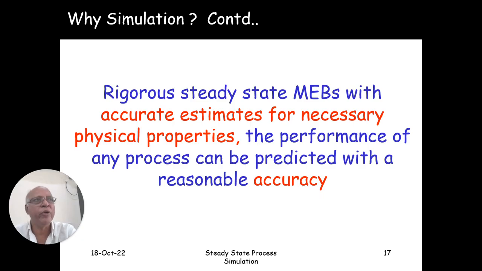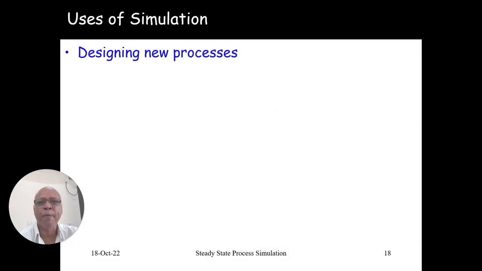So that's going to be very, very important. In fact, in a complex process, about 70 to 80% of your computational time normally is involved in estimating the necessary physical properties. So that is the importance of the role of physical property estimation in process simulation.